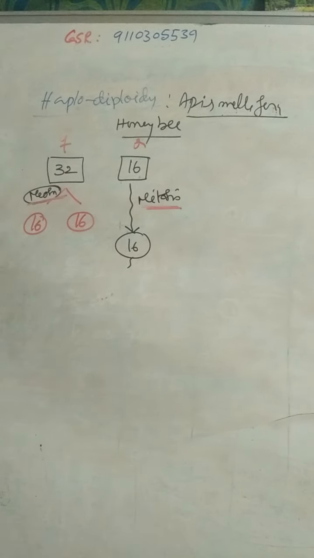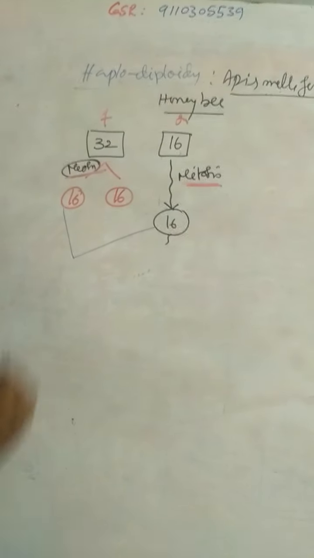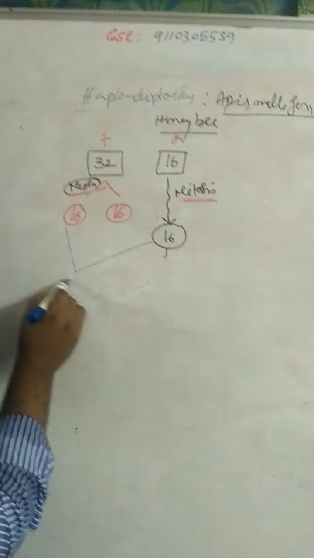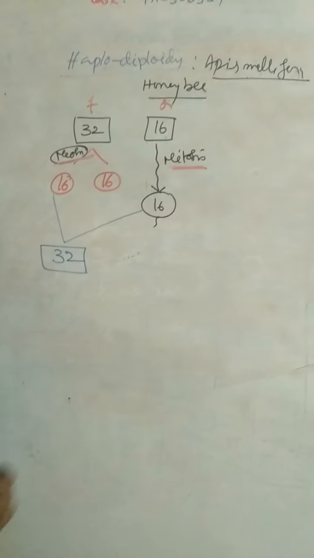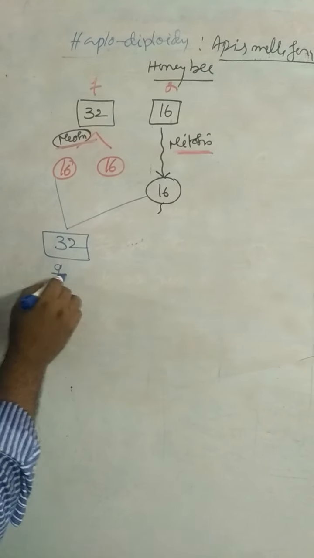Ova with 16 chromosomes are fertilized with sperm of the male to produce 32 chromosomes. If the 32 chromosomes are present, that is female.